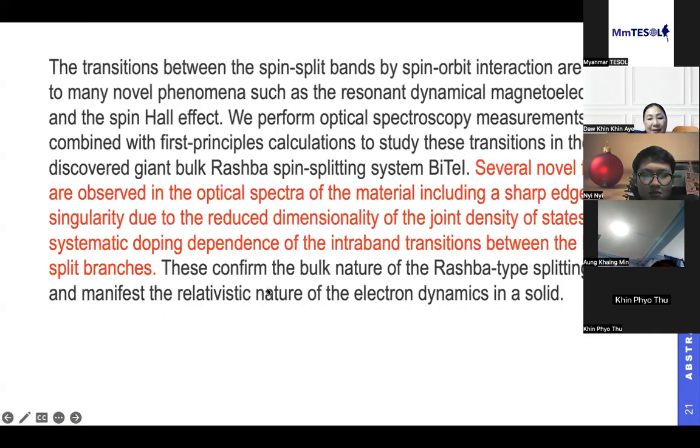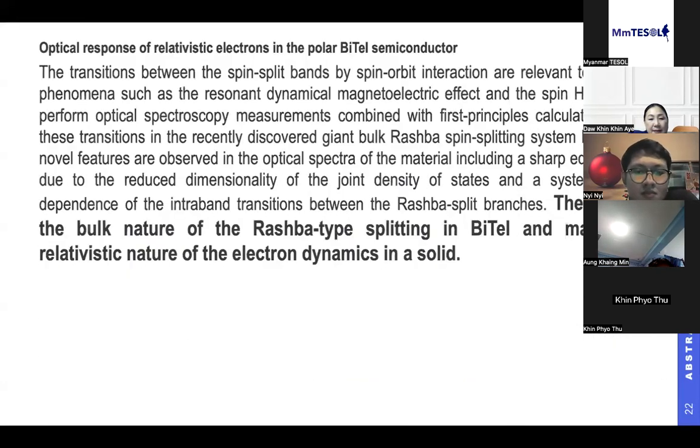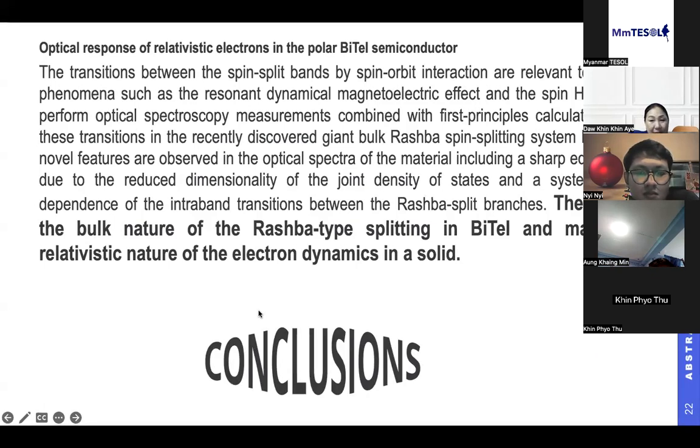Okay, the next one, this one is the results or findings. Now, the last one is the kind of conclusion or maybe implication of the research finding itself. Okay.